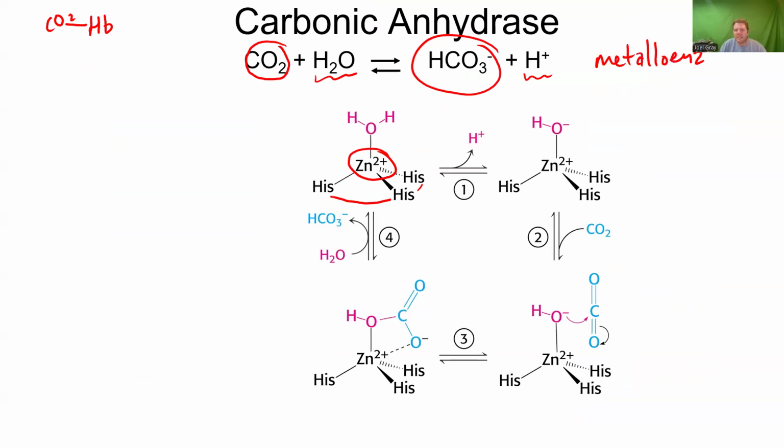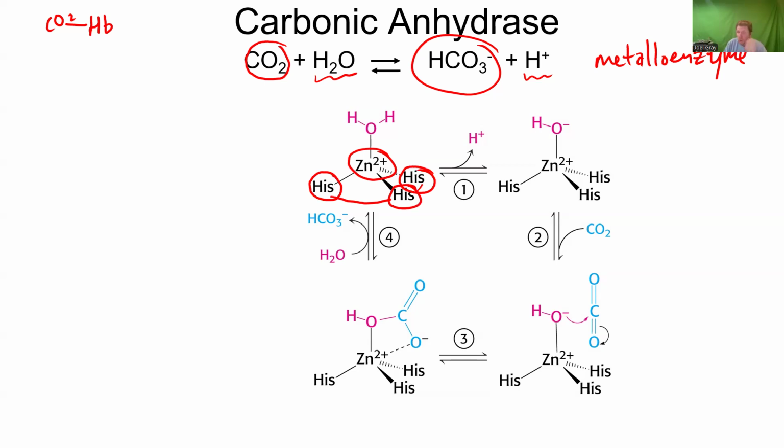What that means is that these 3 histidines are positioned and hold that zinc 2 plus in place. It's almost like they're holding on to it, waiting for something kind of negatively charged to come around. Now, these histidines can be protonated or deprotonated.